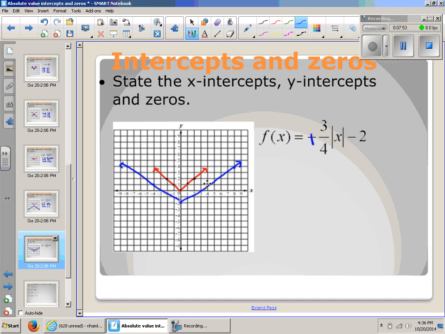So go back to our first page, and it says if we cannot find the x-intercept, we substitute 0 for y and solve. Now remember, absolute value, we have to have 2 cases. But first of all, I have to isolate. So I'm going to add 2.